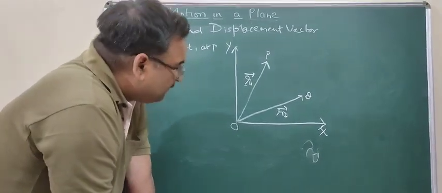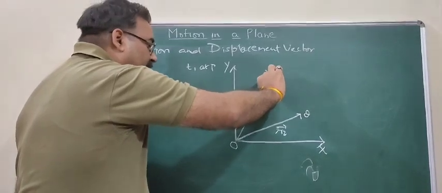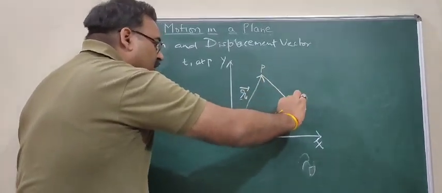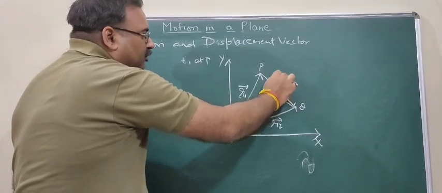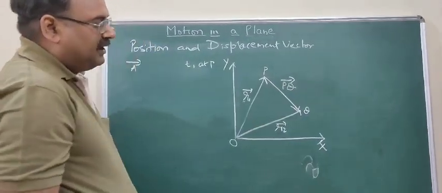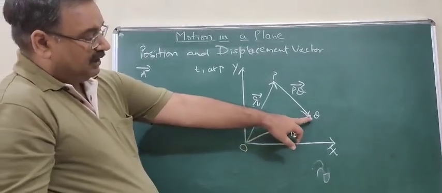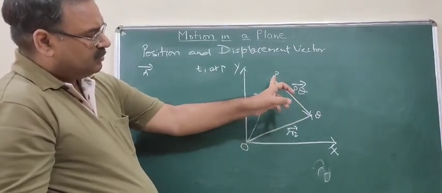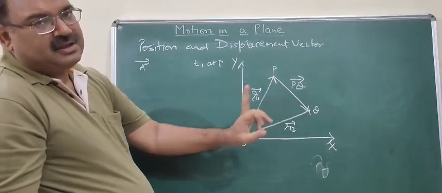Now there is a displacement that has taken place. The particle has moved from the point P to Q. So this PQ is the displacement vector. The particle that was at time t2 at the point Q has moved from the point P to Q in time t2 minus t1.